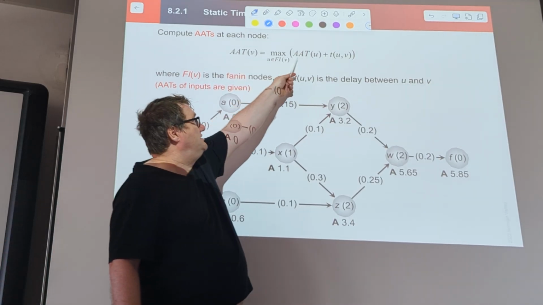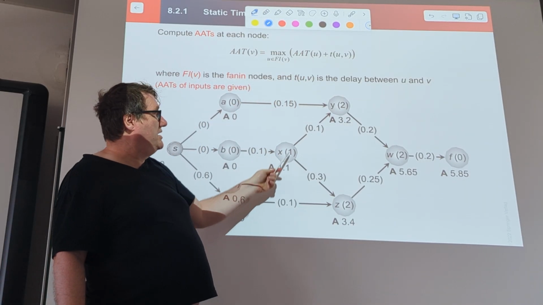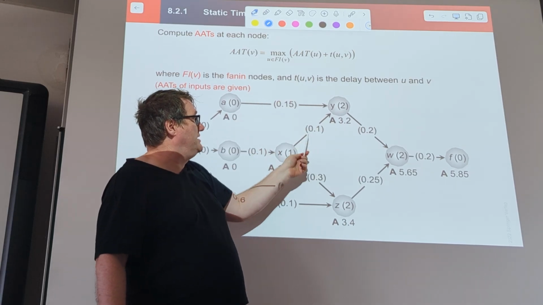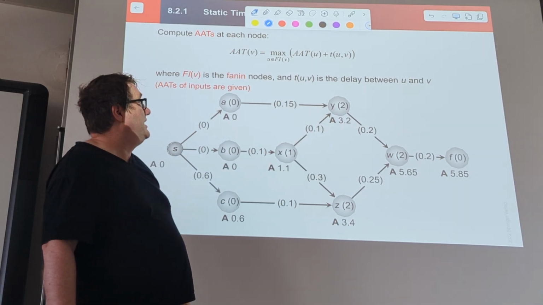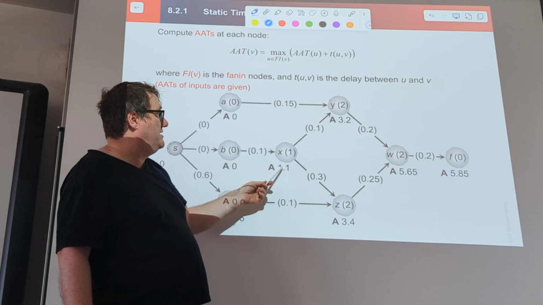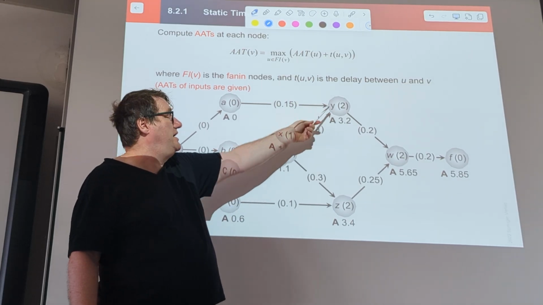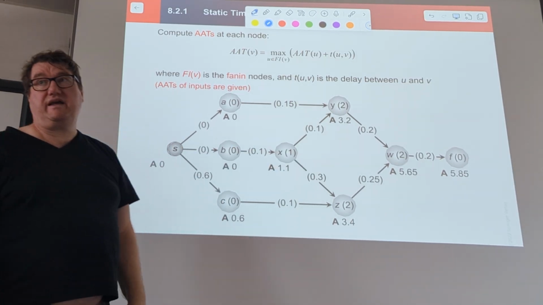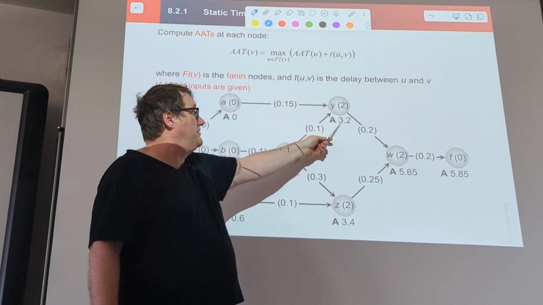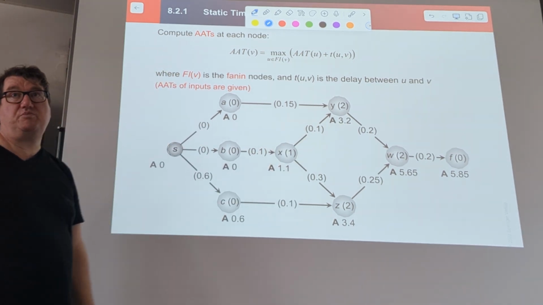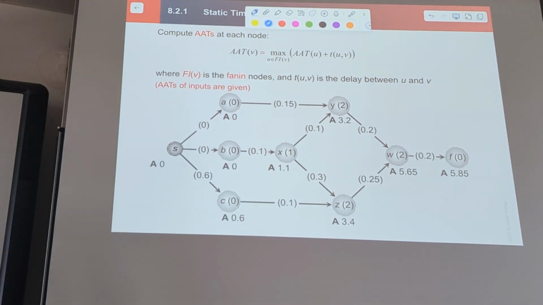Then 1.1 plus 0.1 is the time here, that's 1.2, and adding 2 for the gate delay, we have 3.2 at the output of this NAND gate.